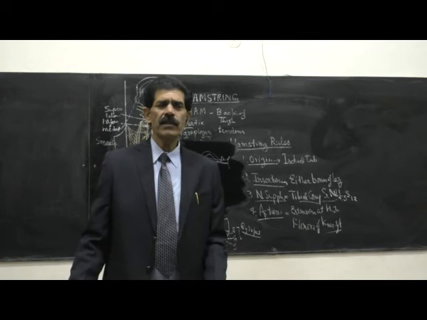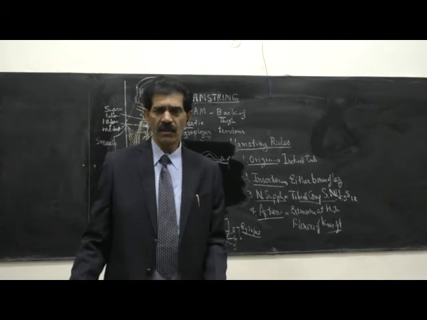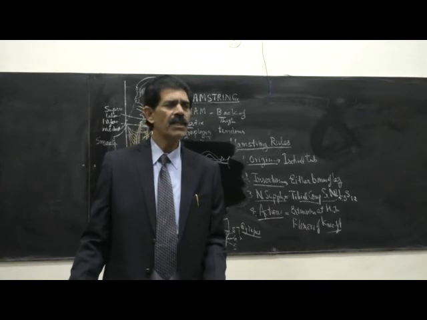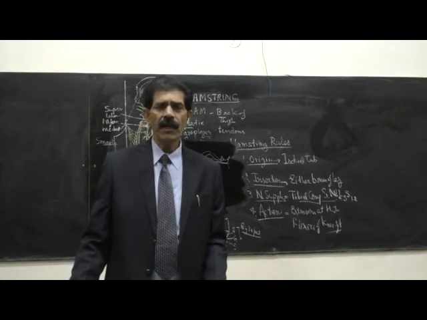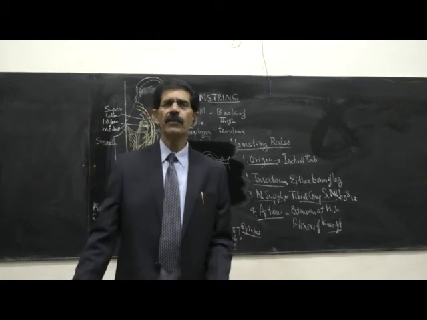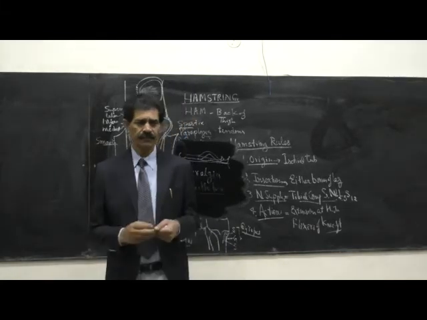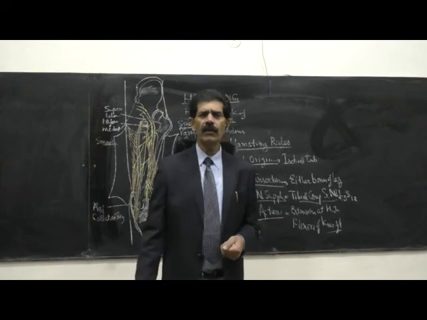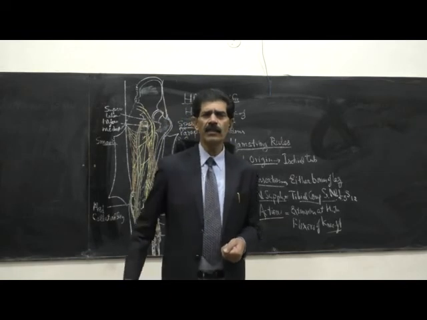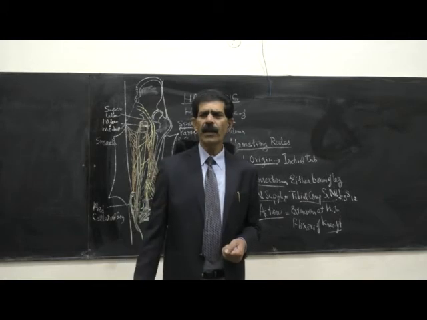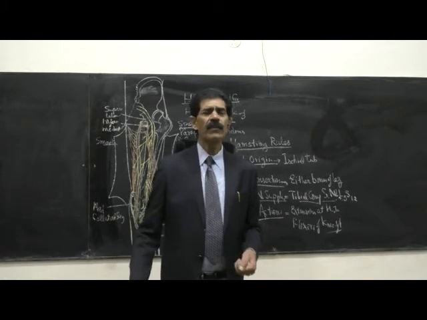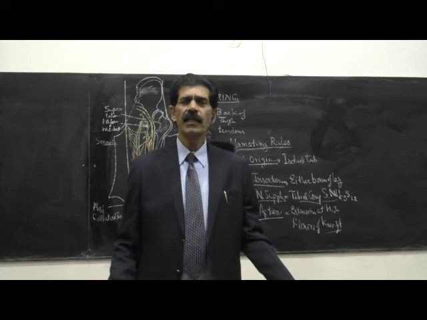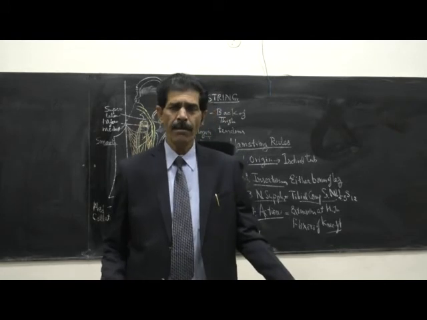Usually the lateral cutaneous nerve of the thigh passes above the inguinal ligament. But in some conditions it may pass through the fibers of the inguinal ligament, and this leads to compressive neuropathy. And the patient comes with the complaint of pain along the distribution of the lateral cutaneous nerve of the thigh. So the lateral part of the skin of the thigh becomes painful. This is called meralgia paresthetica.